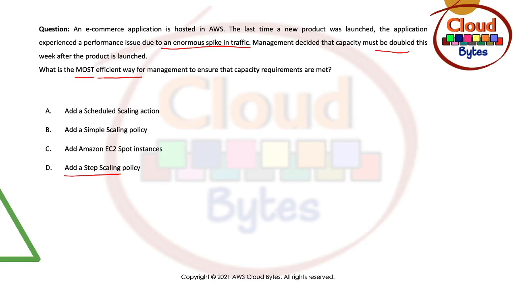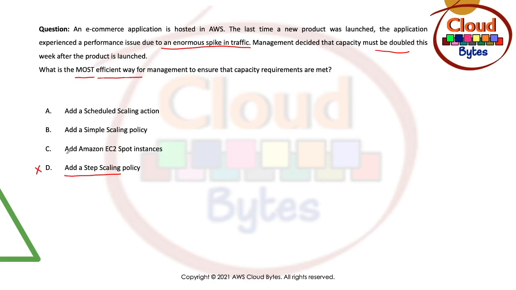These are very useful in case the load is unpredictable and the adjustment varies based on the size of the alarm breach, basically the type of breach or the alarm that has triggered. You can have a step scaling adjustment. So this is not something that we think is the best possible answer in this scenario. As of now, let's rule it out.